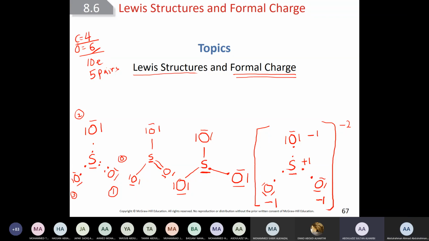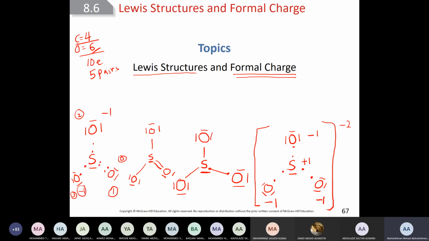Because it has 6 electrons, and it was to start with 6 electrons. What's the formal charge on oxygen 2? -1. Yes, it is -1. What's the formal charge of oxygen 3? -1 also. Yes, you're absolutely right.